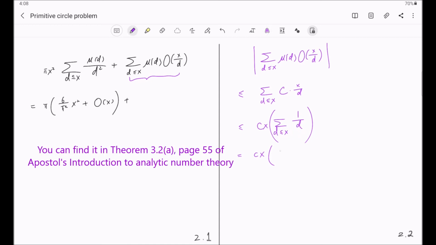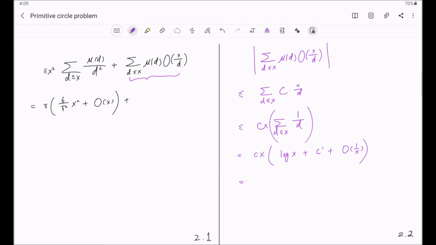So this part will be log of x plus some constant c prime plus big O of 1 over x. And if you combine these, this will be c times x times log of x plus some big O of x plus big O of 1.